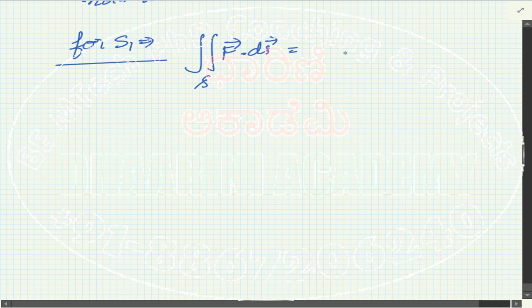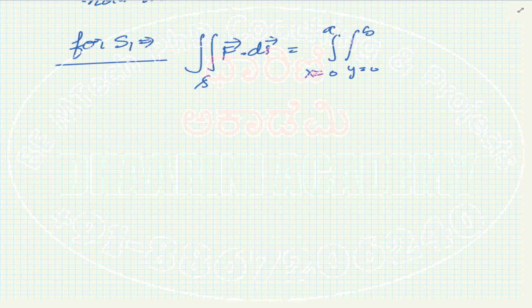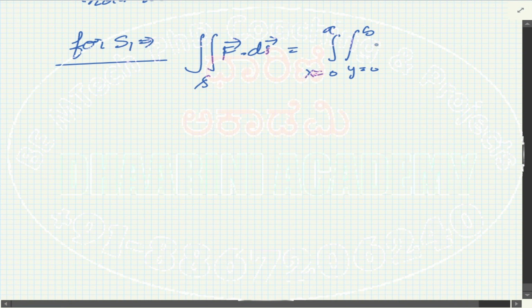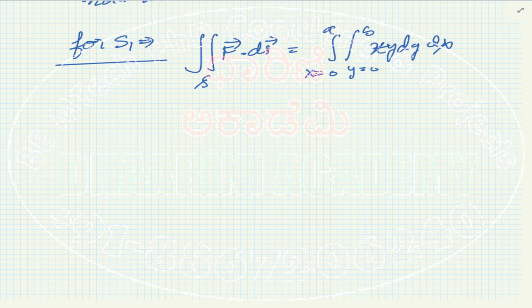This means I have to perform a double integral for the given surface S1, where x varies from 0 to a, and y varies from 0 to b. So we have xy dy dx. Why is this xy dy dx? Because z is equal to 0.